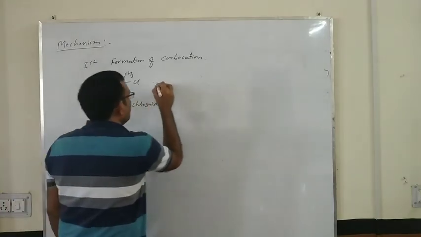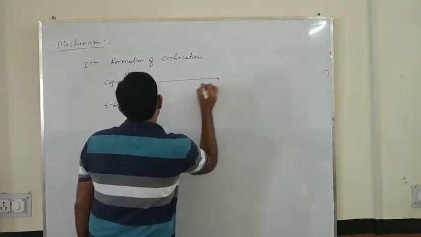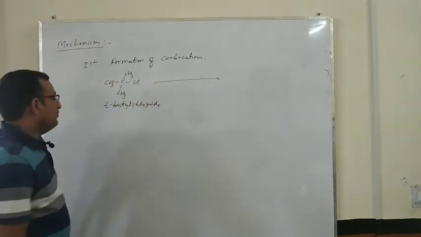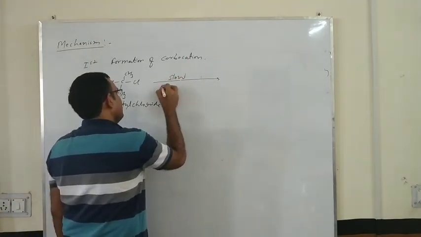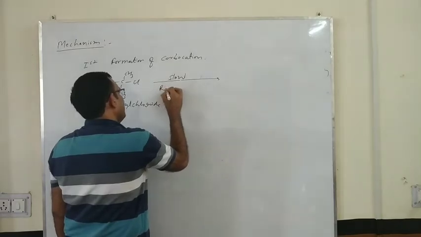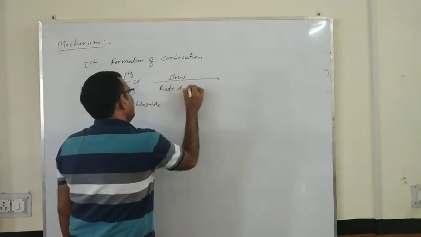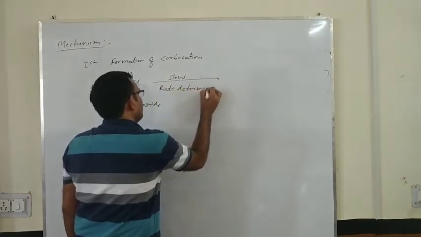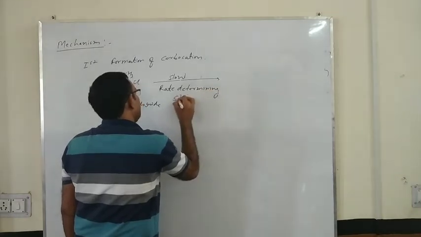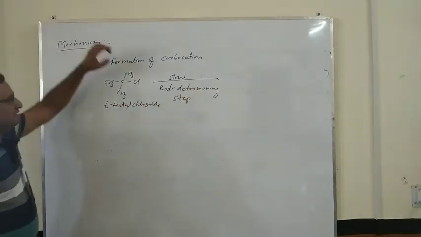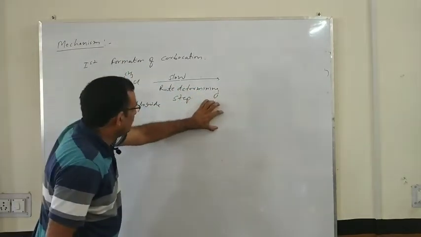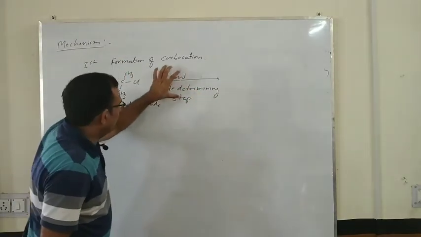In presence of nucleophile, this is a slow step, which is also known as the rate determining step. The first step in SN1 reaction is the rate determining step because it is a slow step.